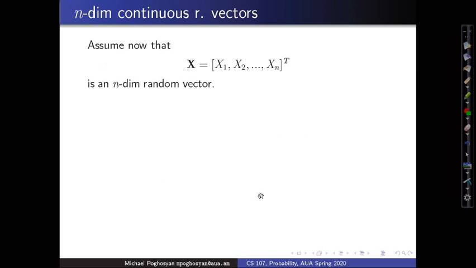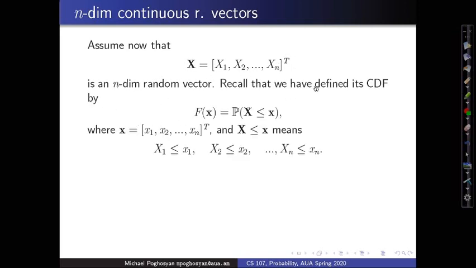Now the generalization to the n-dimensional case, n-dimensional continuous random vectors. Say x is an n-dimensional random vector, a column vector. That's why I'm writing it as a row transposed. We have defined the CDF of that random vector x as follows.